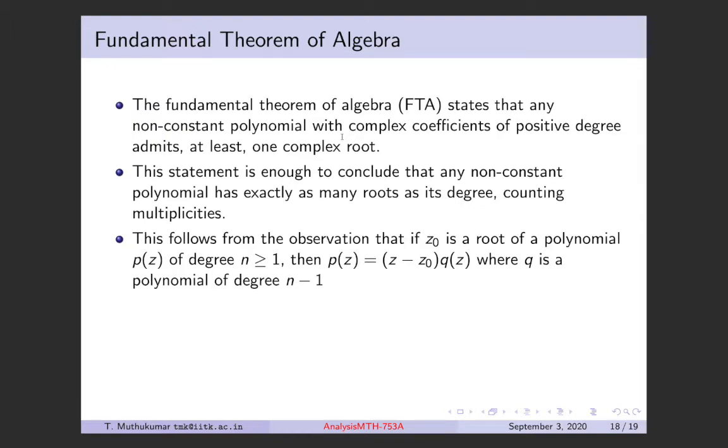Now you apply the fundamental theorem of algebra again to this degree n minus 1 polynomial q, which will again admit a root, let's say z1. Then you can rewrite q as (z minus z1) times some polynomial r(z) of degree n minus 2, and apply this first statement to r and so on. So just showing the existence of one complex root is enough to show the existence of exactly as many roots as the degree of the polynomial.